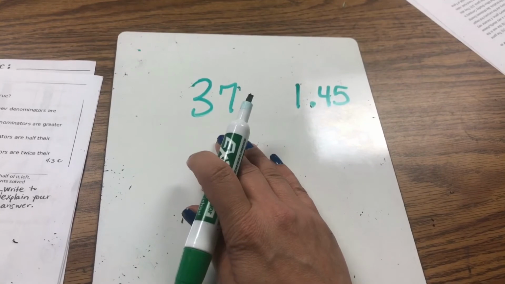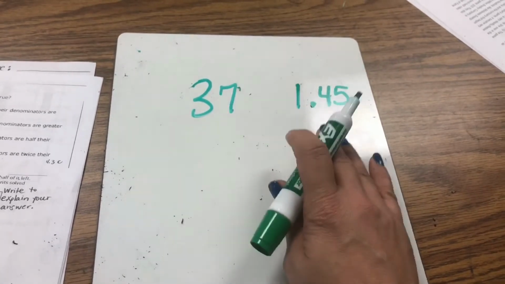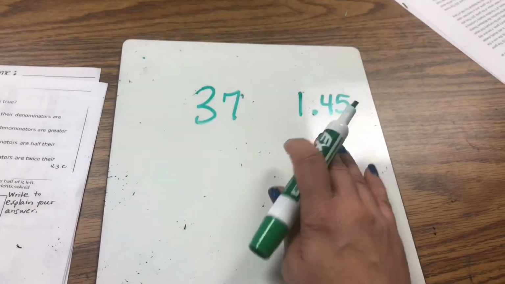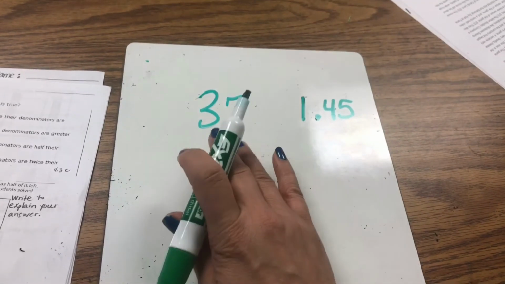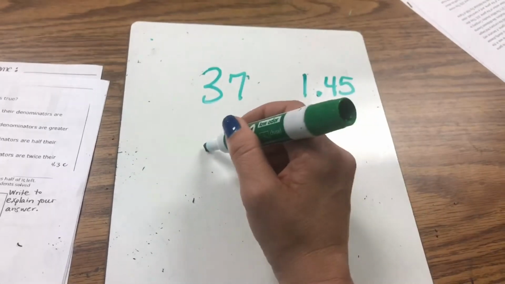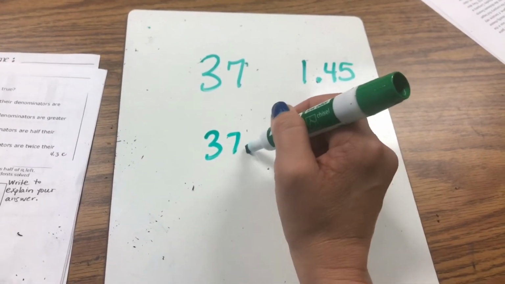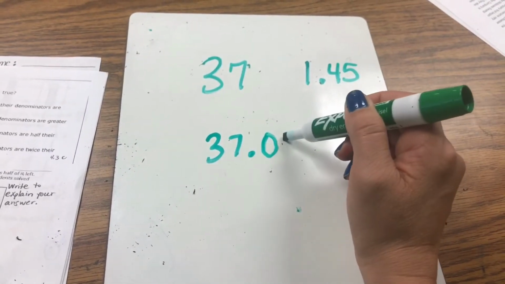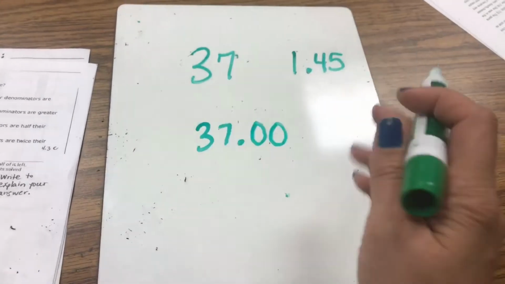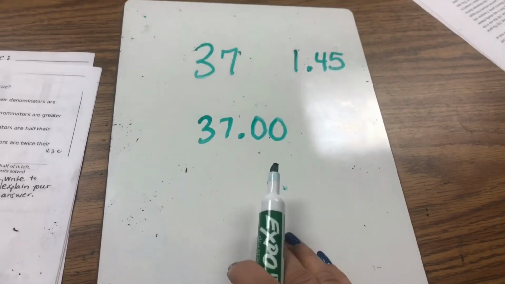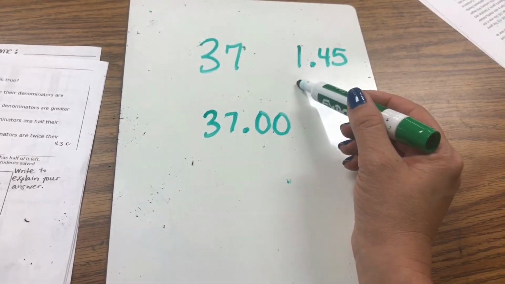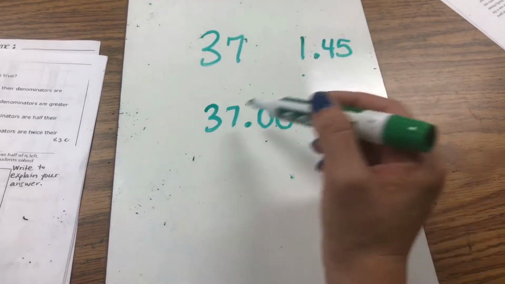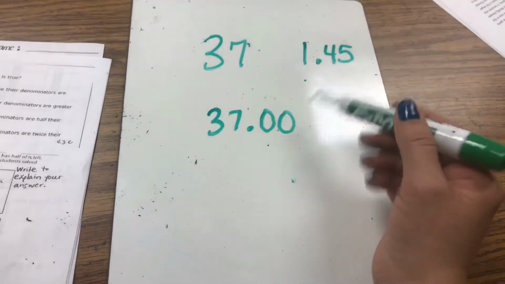So if we're going to add these two together, both numbers need to be decimals. So we need to turn 37 into a decimal by adding a decimal point after it and a 0 in the tenths place and the hundredths place, because adding zeros does not change the value of that number.